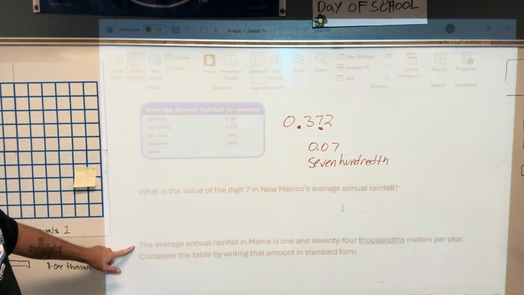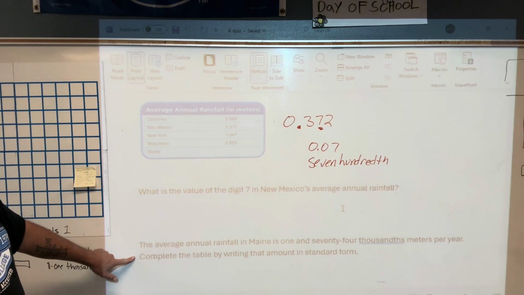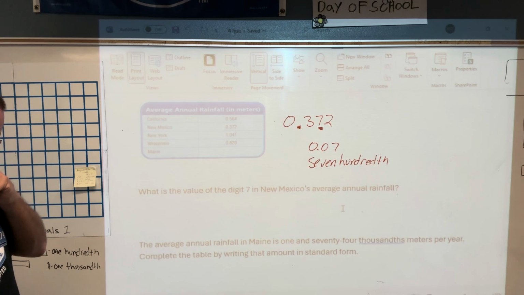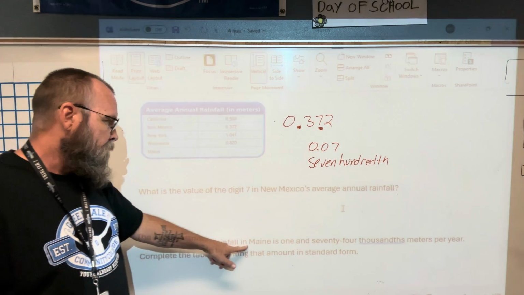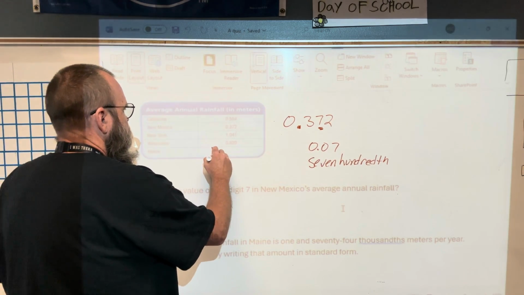The average annual rainfall in Maine is 1 and 74 thousandths meters per year. Complete the table by writing that amount in standard form. Well, I have a whole number because it says 1 and. So 1 is my whole number.